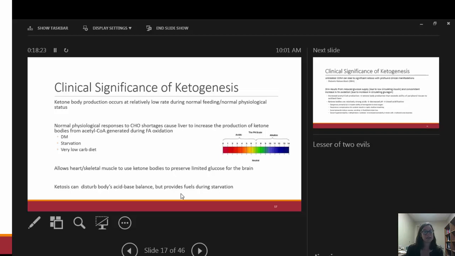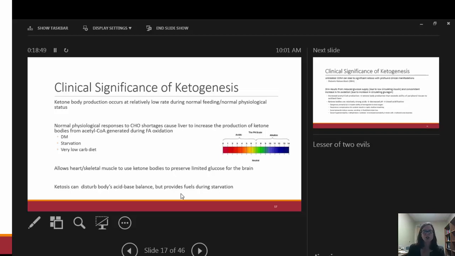And we see this in diabetes, we see this in general starvation, or when people have a very low carb diet. And it's kind of a two-sided coin, I guess I should say, because it allows some of our tissues to use ketone bodies for energy and preserve the limited glucose that we have for the brain.